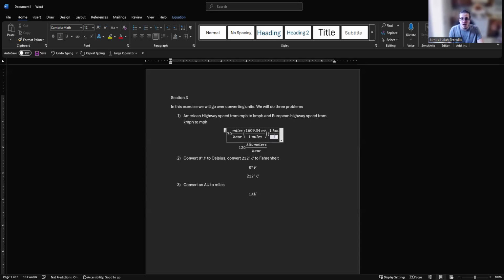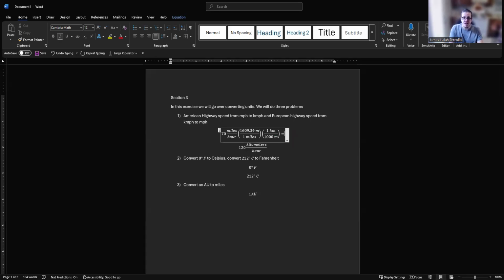Well, we know that there are 1,000 meters in a kilometer because the prefix kilo means thousand. And so here we can see that our miles are going to cancel out. We can see that our meters are going to cancel out, and we're going to be left with kilometers per hour.